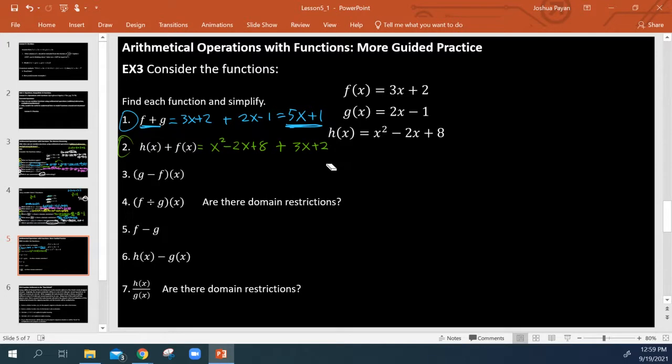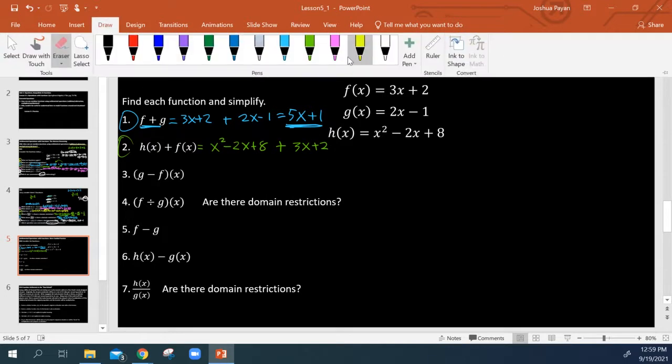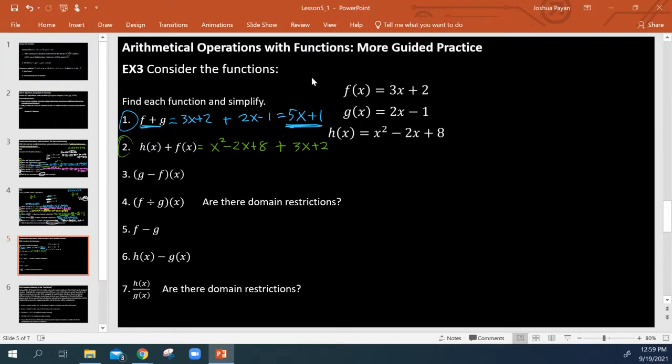It's always good to use them because when you start messing around with a whole bunch of sign changes, stuff can get confusing. So x squared isn't going to combine with anything, so we just write that again. Minus 2x plus 3x leaves me with plus x, and 8 plus 2 leaves me with plus 10. So h plus f is equal to x squared plus x plus 10.